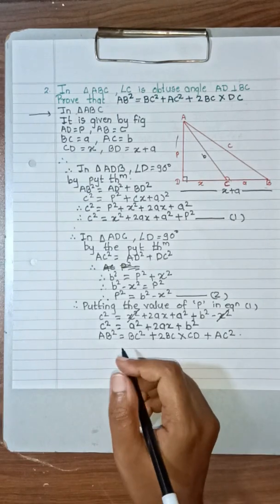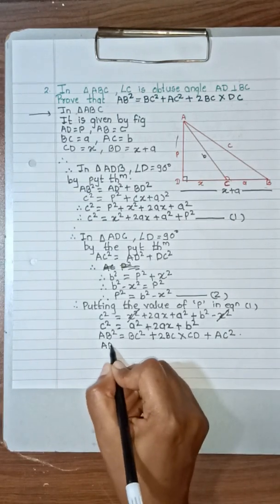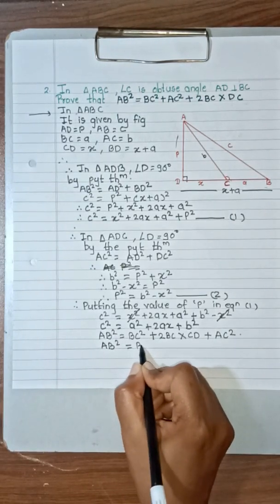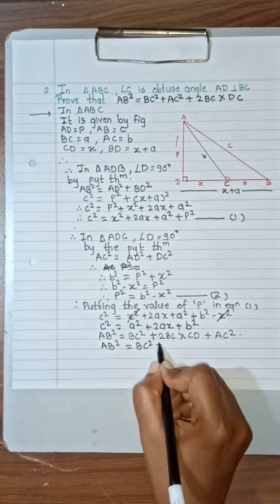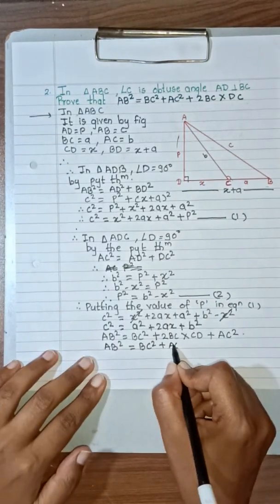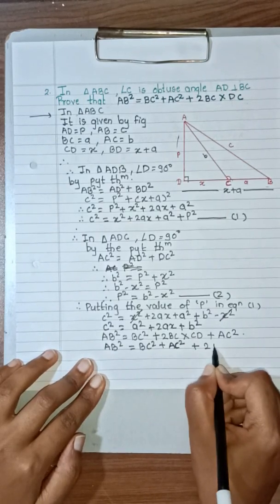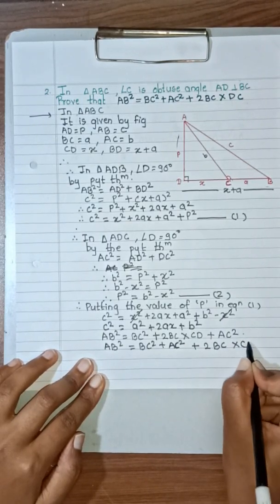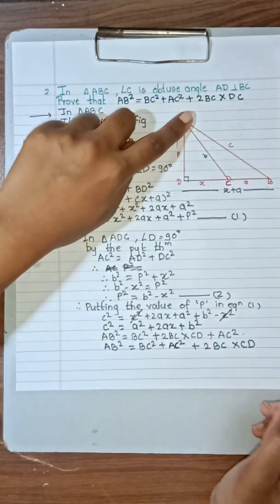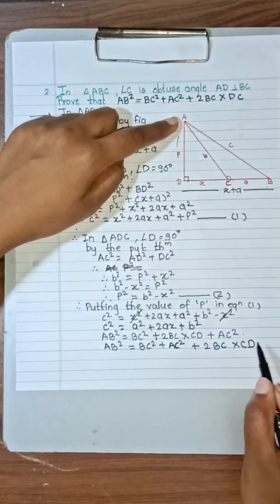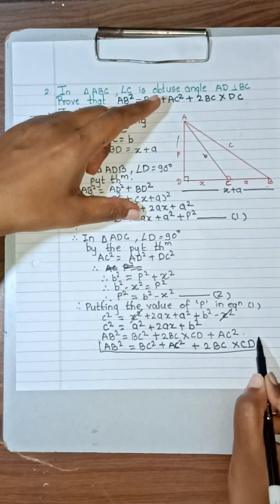Therefore you can write down here AB square is equal to BC square plus AC square plus 2 into BC into CD. See, CD or DC, one and the same thing, hence it is proved.